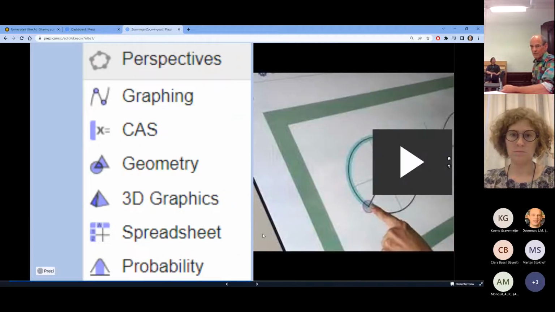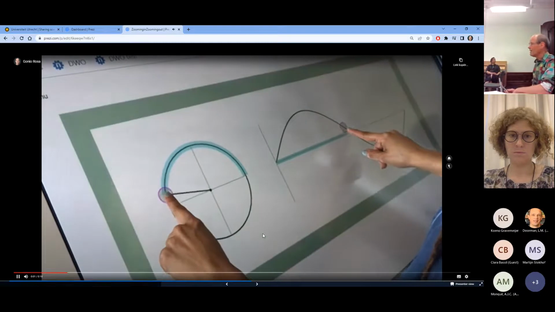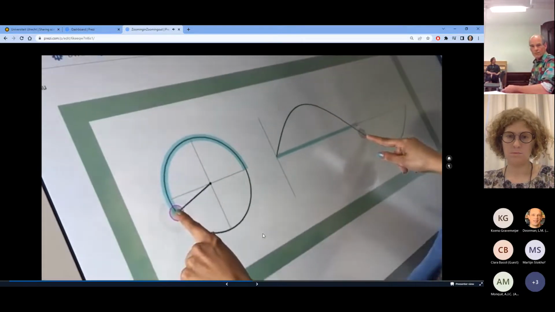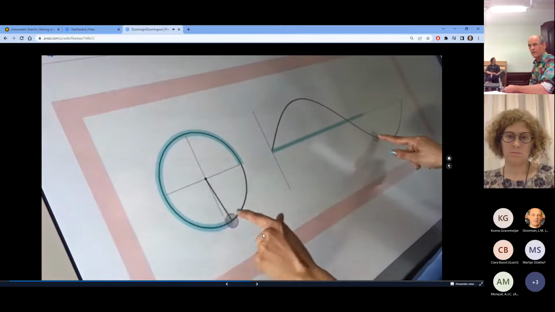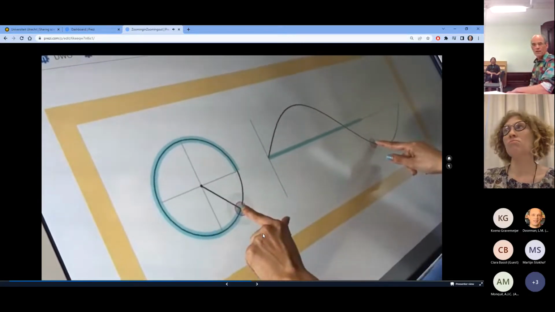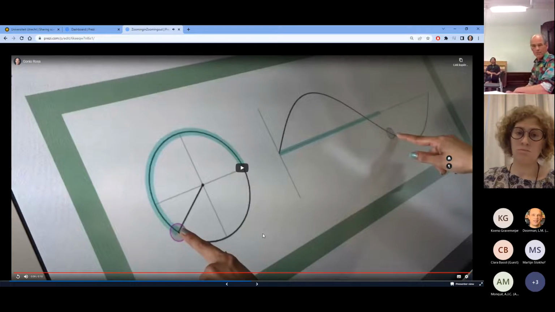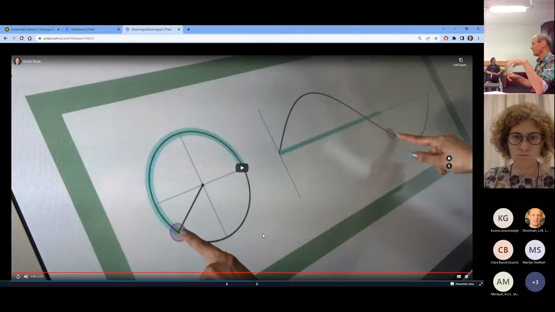Still, we are doing some new things. For example, here, this is a clip that many people here know already. Software that was designed by Rosa and you, Anna, maybe. I don't remember if you were involved here in Peter Boon's GeoDefiner within the digital math environment. And what students are expected to do is, this is due, by the way, to the availability of multi-touch technology. So multi-touch technology is a new thing here. Students move one hand over the unit circle and the other on the sine graph.